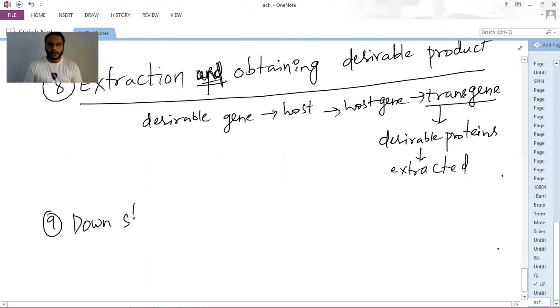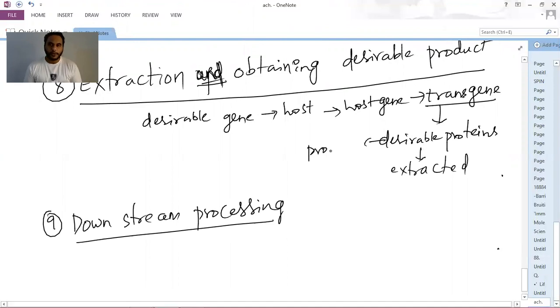Finally, you extract the recombinant proteins or products, whatever they may be.